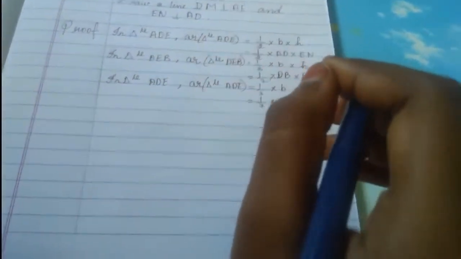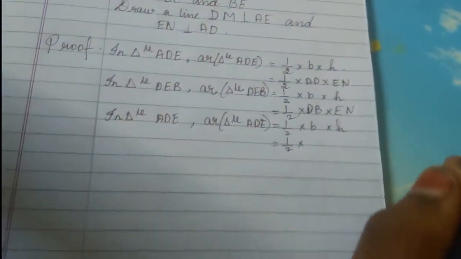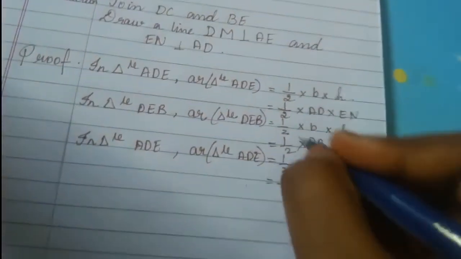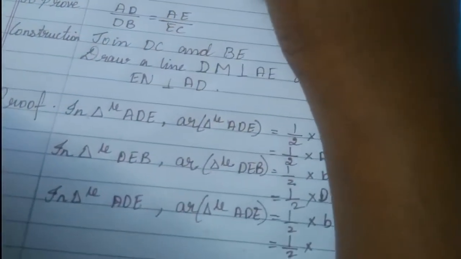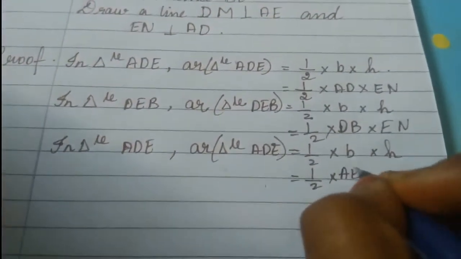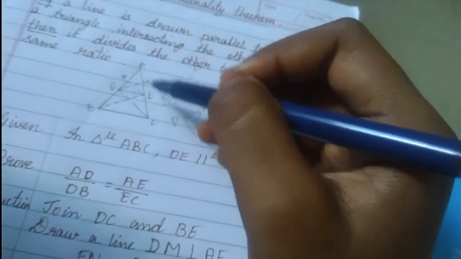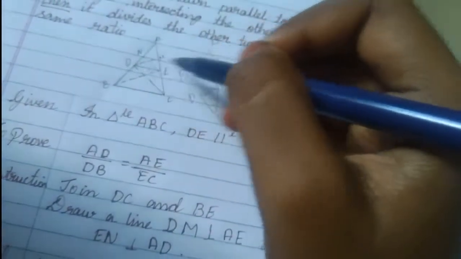Whatever sum we write, we should write the formula and write the sum. If not, marks will be minused. If we don't know the sum too, we should write the formula, which fetches us marks. So for this triangle, base is EA. Yes, AE. It's correct. Into height, for AE base, which is the height? Yes, DM is the height.